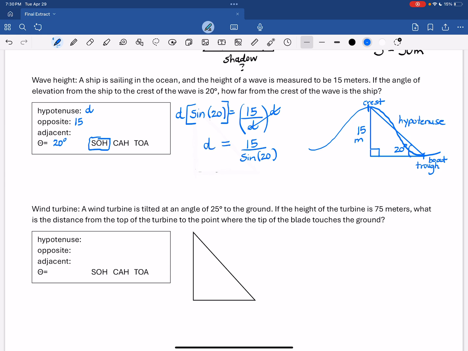And it is going to be about 43.86 meters. So that boat is a good distance away from the crest of that wave. Still too close for my comfort. It's over 120 feet away. But that's still close for me.